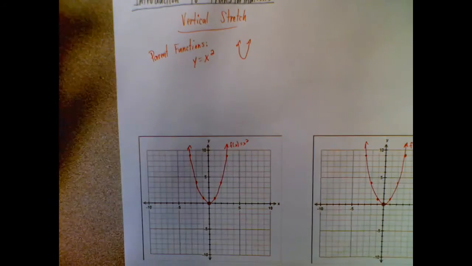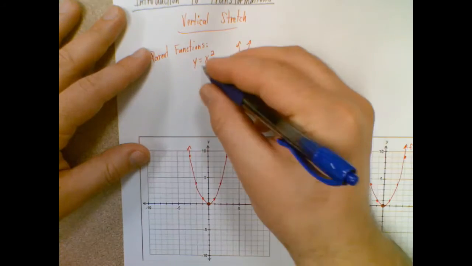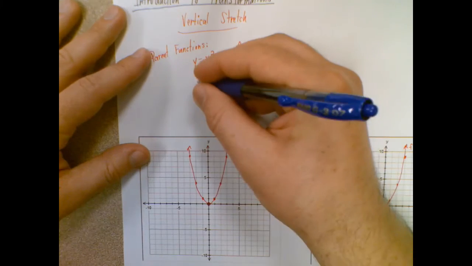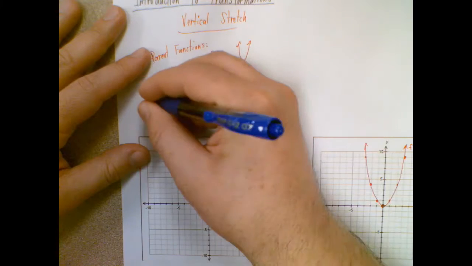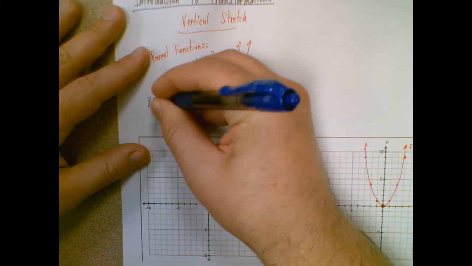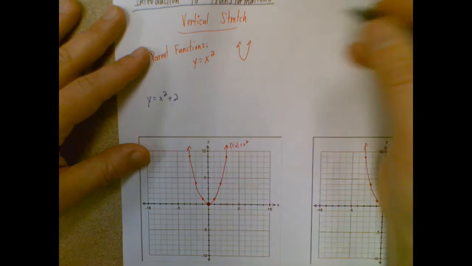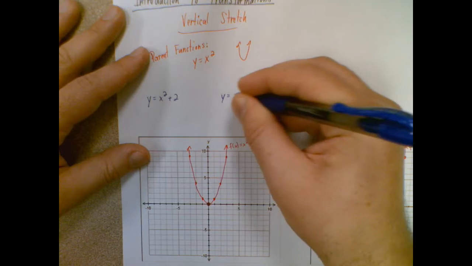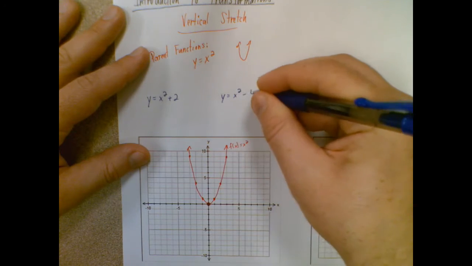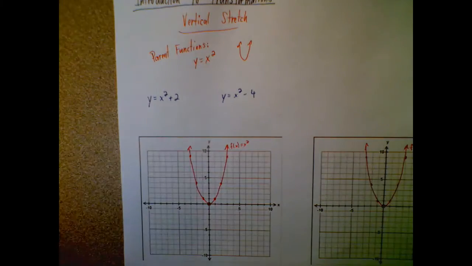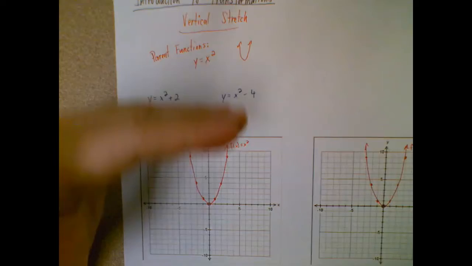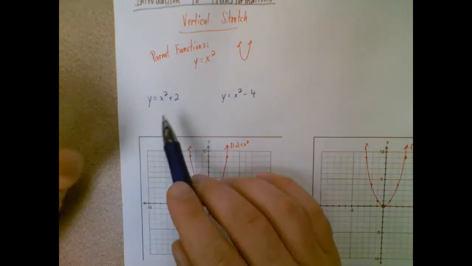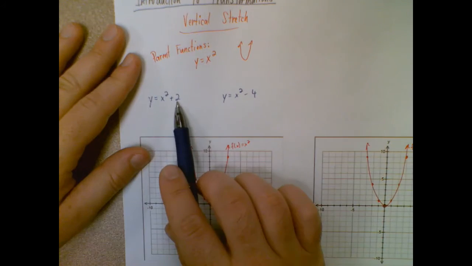The first one is a vertical shift, where you're going to add something outside of the x squared. Maybe we'll have y equals x squared plus 2, or y equals x squared minus 4, or something like that. That just means we're going to take every point and move it up or down that amount.